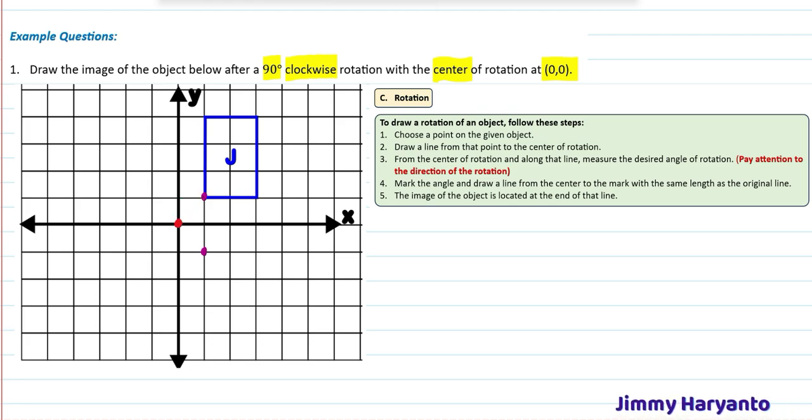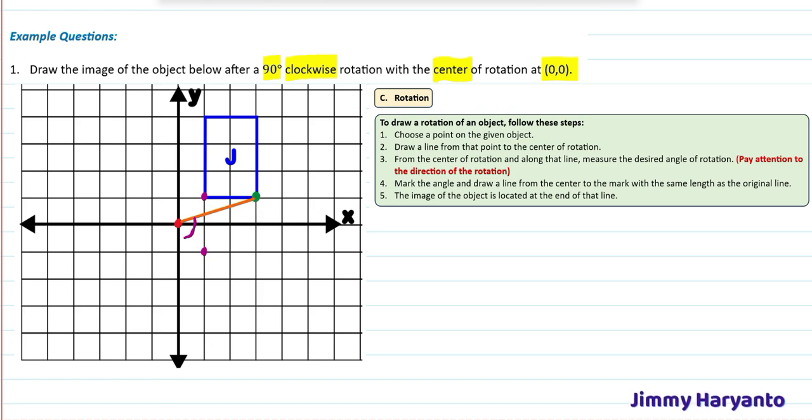Okay, let's do it one more time. What do you do first? You have to choose one point, maybe that one, and then draw a line to the center, and then measure 90 degrees clockwise from the center, maybe around that big.